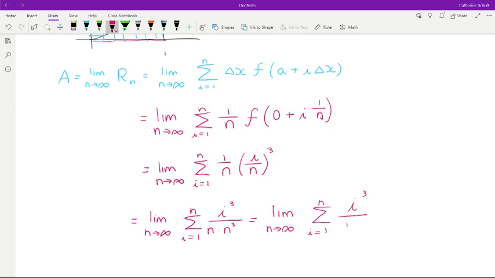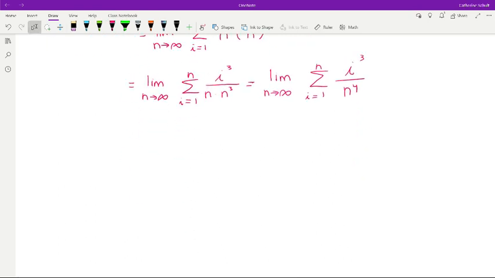So i cubed over n to the 4th. Here's a little shortcut we're going to use often, and I'll explain it in two different ways. The only thing affected when we're doing this sum is the i. So this n to the 4th, because it doesn't have an i in it, is behaving like a constant. And it's going to be in every single term.